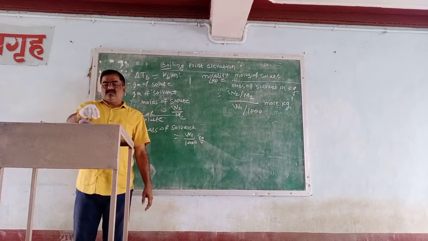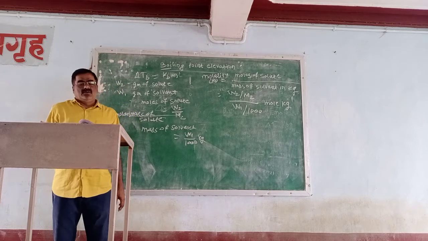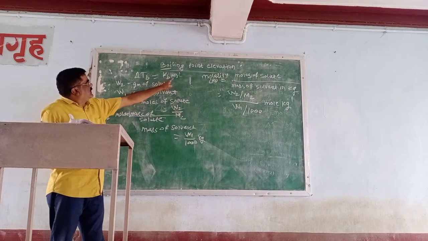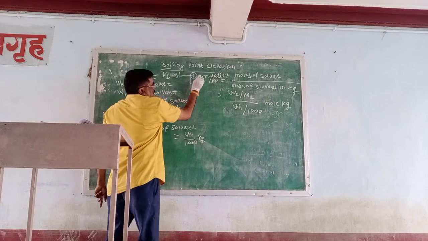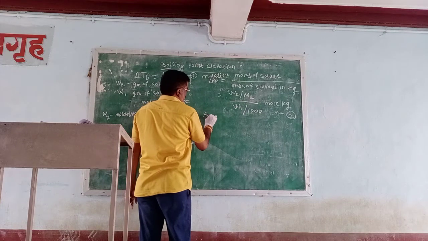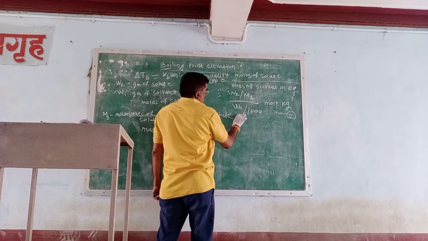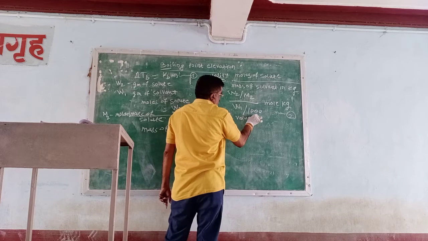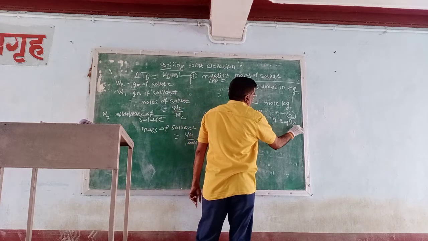By substituting the values, now put this value of m in the equation of delta Tb. Suppose this is equation 1. Substitute the value of m in equation 1.